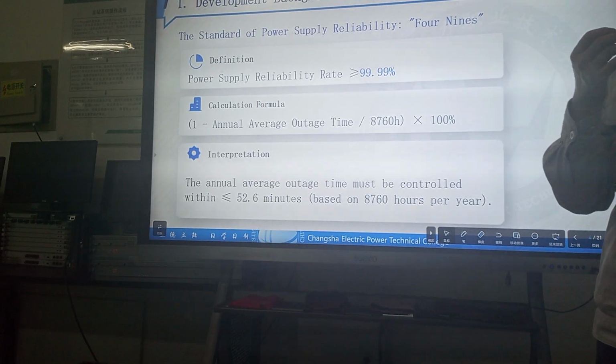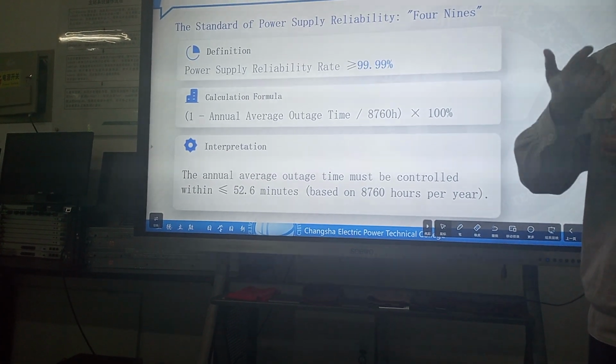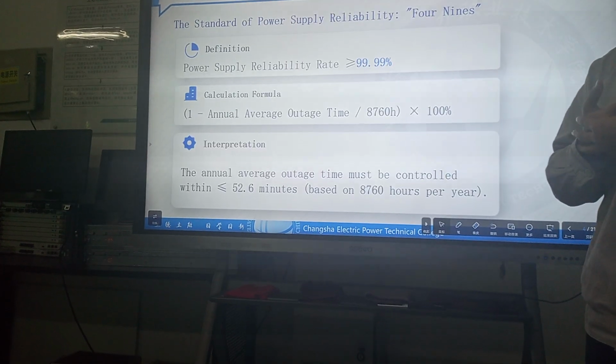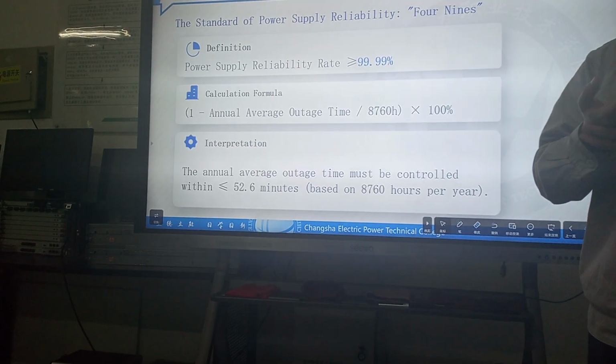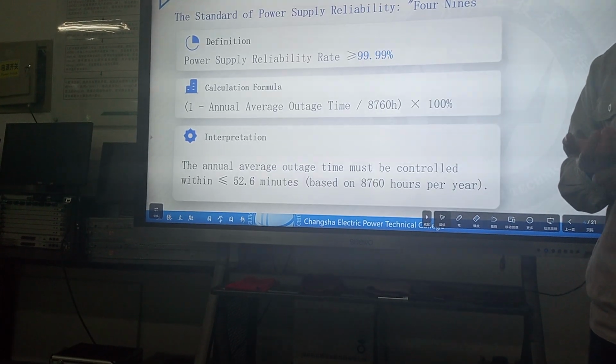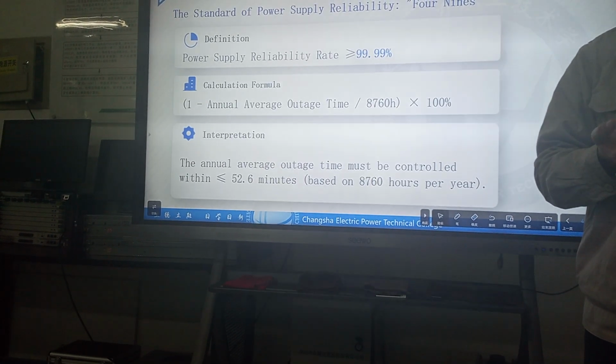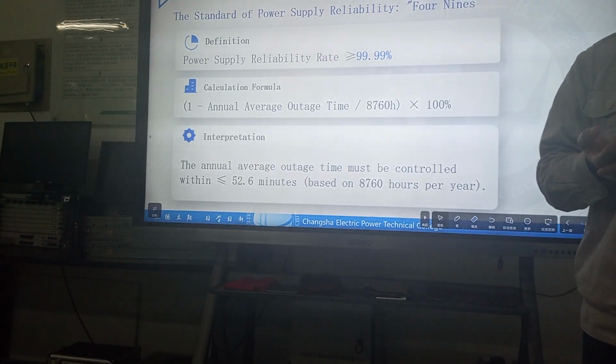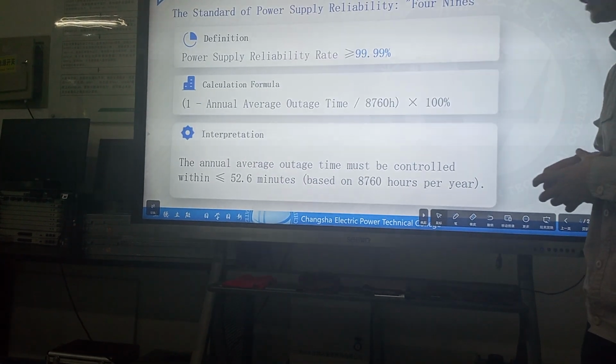Like basically lights, air conditioning, right? And smartphone chargers, right? And nowadays we also have EVs, right? EVs as loads. Okay.